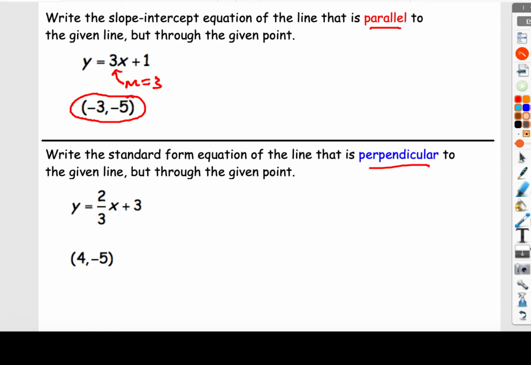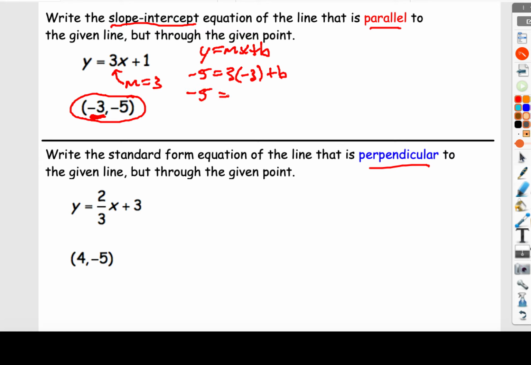So probably the quickest way to find the b value, if I want slope-intercept form, y equals mx plus b, well, let's plug in what we know. I know that y is negative 5 with a slope of 3 when x is negative 3, and I don't know the y-intercept. This x value wasn't 0, so I do not know b yet. I need to go find it.